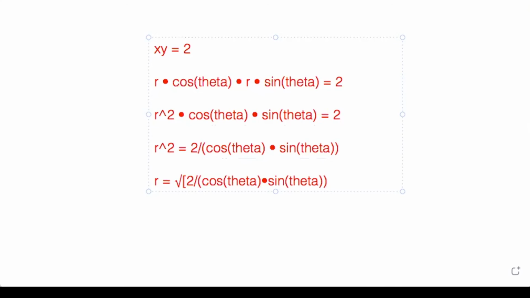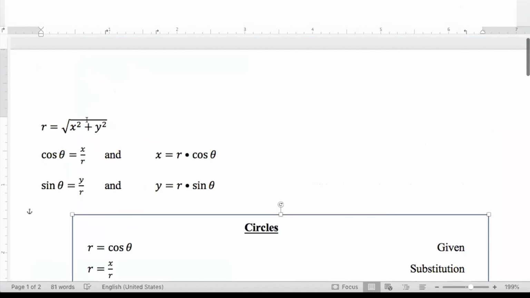Remember that the one thing you really need to know in order to be able to do this is this: x is equal to r cosine theta and y is equal to r sine theta. That's a substitution that you can make anytime you want as you're transferring from one form to another.